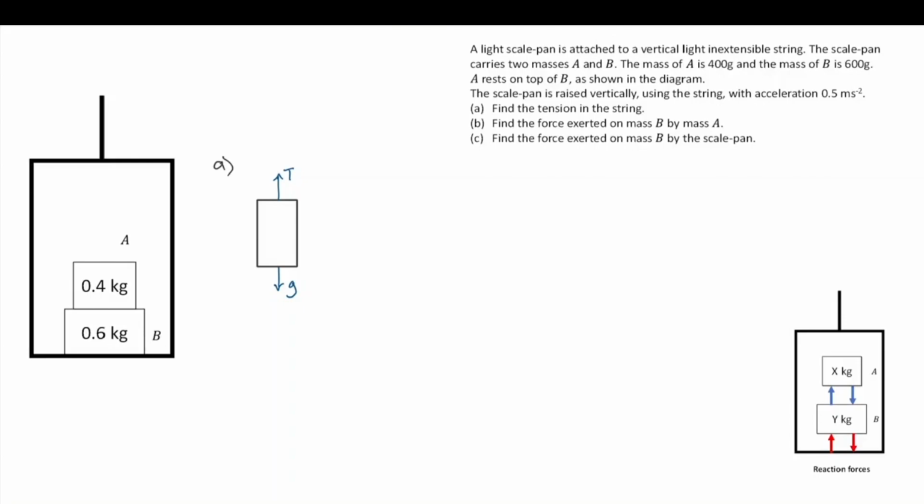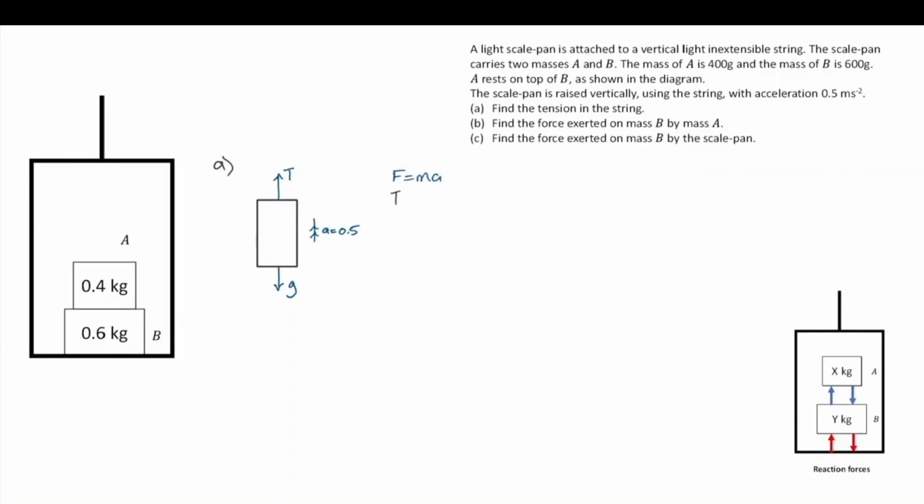We have the tension, we have the total weight, T and G. We should be able to use this to find the tension in the string. We've been told that the scale pan is going to move vertically, and we know the acceleration is 0.5. So we can set up Newton's second law, we can use F equals ma, and we're going to resolve.